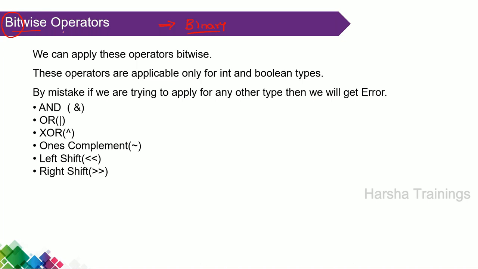The important thing is, bitwise operators are applicable only for integers and Boolean types. For floating point, complex numbers, and the remaining data types, it is not applicable. If you try to apply it to any other type, it will simply show an error.